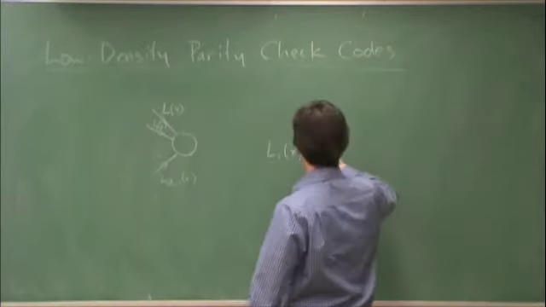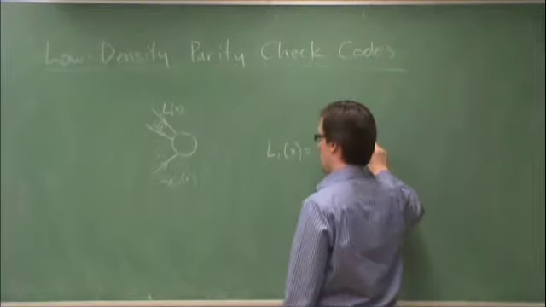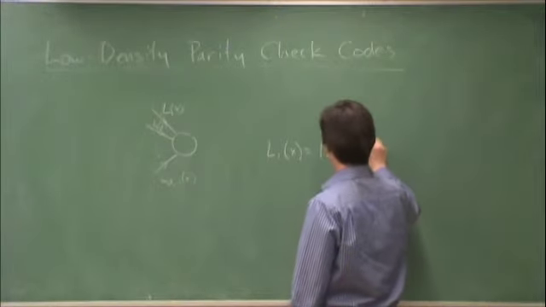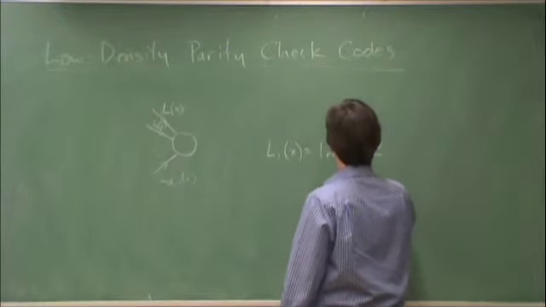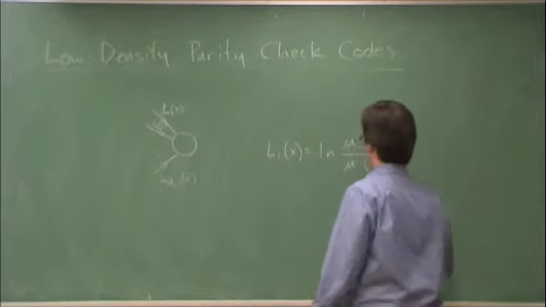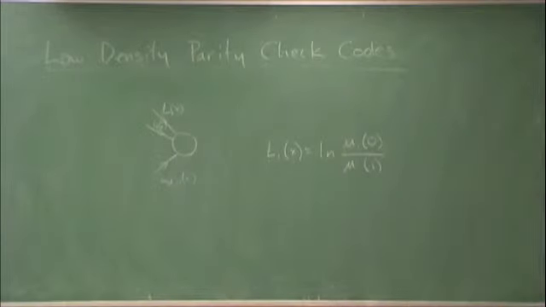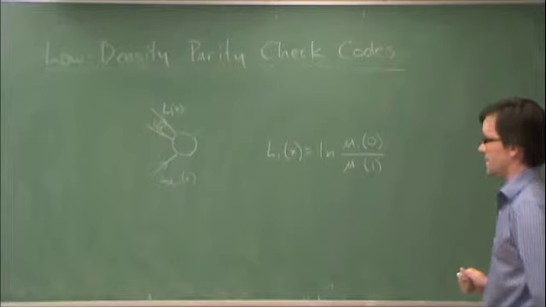Before I had the message mu i of x, now this is the natural log of mu i of 0 divided by mu i of 1. So that's just the log likelihood ratio form of the incoming message.